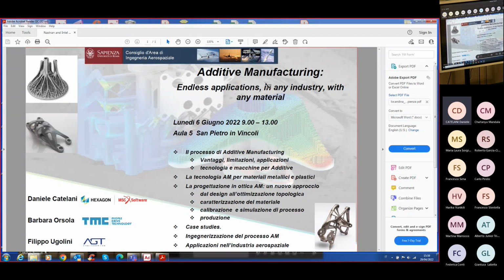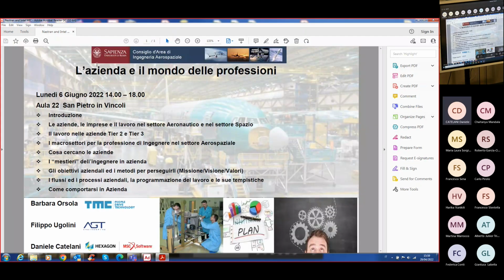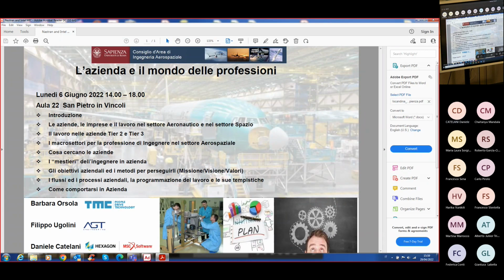The second seminar, in the afternoon, gives you an overview of the requirements from the industry and the role of the new engineer: what the aerospace industry is searching for, the mission, role and responsibility of an engineer in this kind of industry, the objectives, how the industry works for design, how to work in a team, the schedule, etc. This is from 2 p.m. to 6 p.m. in a different room from the morning.